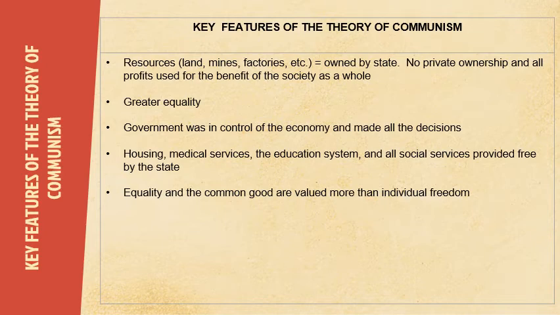The government controlled the economy, and all decisions were to be centrally planned by them. Housing, medical services, education, and all social services were provided free by the state. And lastly, equality and the common good were valued over individual freedom.